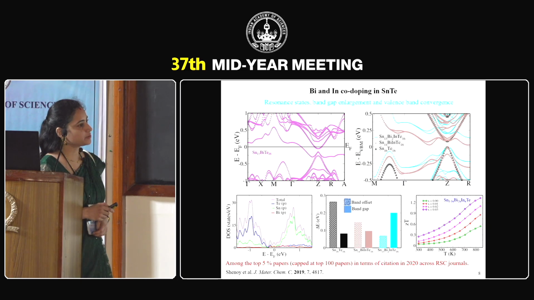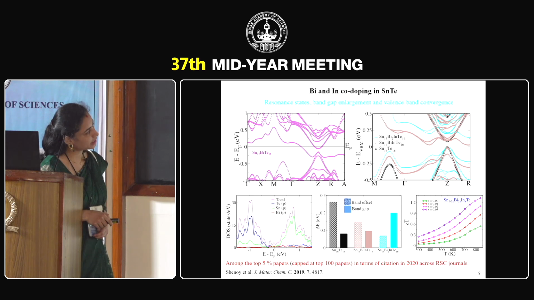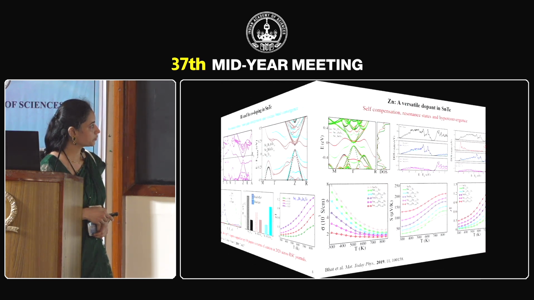So for the first time we tried co-doping a p-type and an n-type resonant dopant, and we see that while we increase the concentration of bismuth, the band gap increases and the band offset decreases. So in this case we achieved a ZT of 0.25 at 300 Kelvin, and at 840 Kelvin it was 1.32.